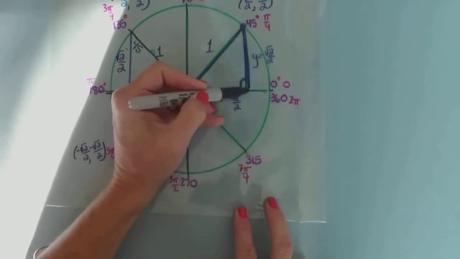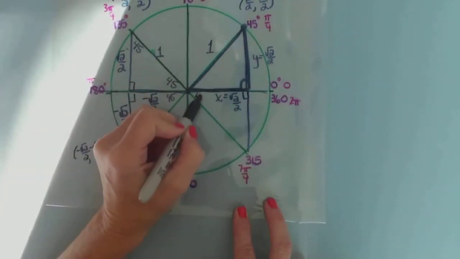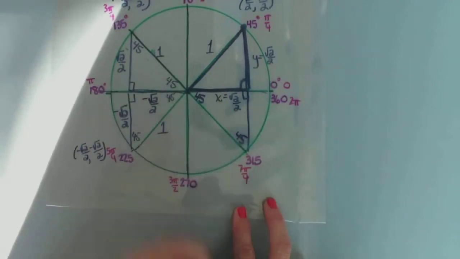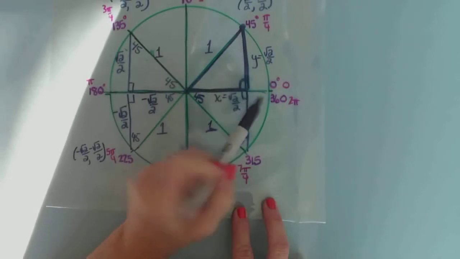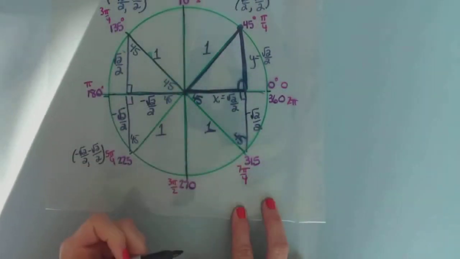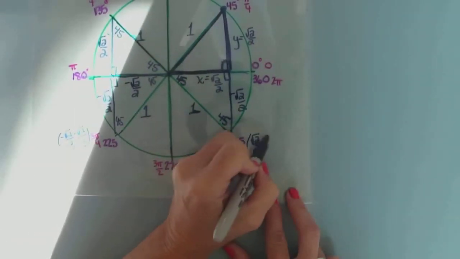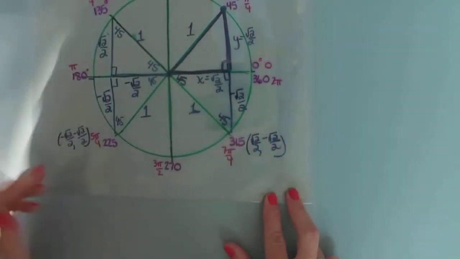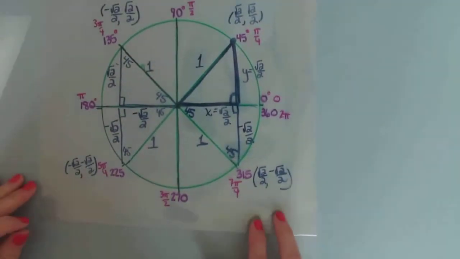And then finally over here at 315 degrees, coming to the right, and I'm dropping down. 45, 45. This is my hypotenuse. So now from the origin, we're going right and coming down. So we'll assign this the negative. So my coordinates at 315, positive root 2 over 2, negative root 2 over 2.